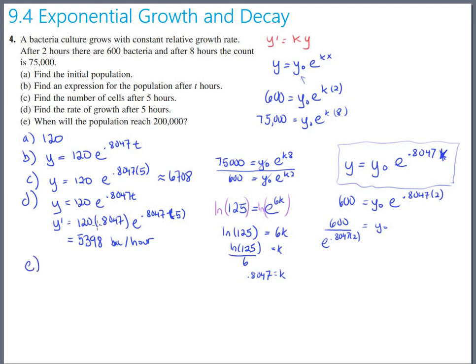The last part here, when will the population reach 200,000? Just set the original equation in part B equal to 200,000. Oops, this is E. And in case it's been a little while since you solved one of these, you start by dividing both sides by 120.